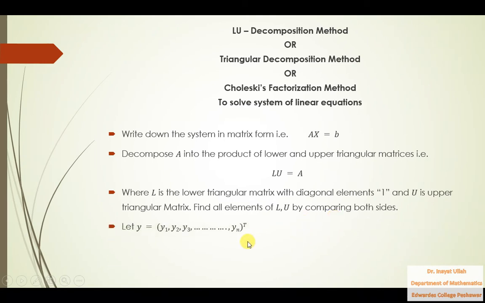The fourth step is we need to take a column vector. This T stands for transpose. When you take the transpose of this vector, it will become a column, y1, y2, y3, and up to yn.